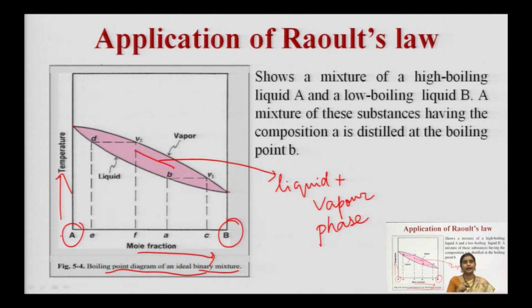Because B is more volatile compared to A. So, according to Raoult's law, the major portion of the vapor will be constituted by the low boiling point liquid. And here this B is distilled at the boiling point of B.